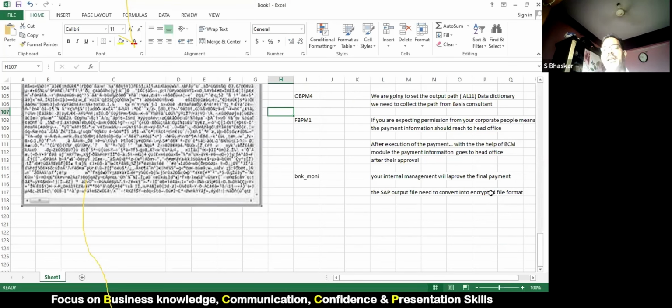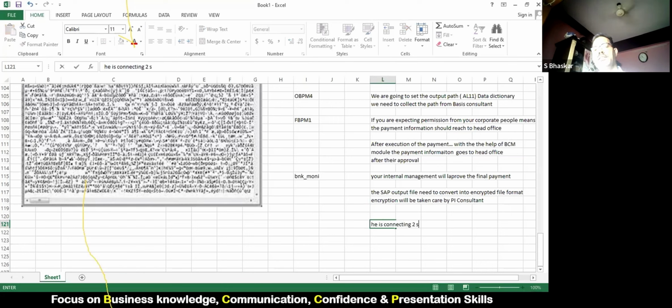Whenever the data is converted into this file format, the encryption will be taken care of by the XI consultant. After his work, the file moves between two systems. What are they? The SAP system and the bank system.